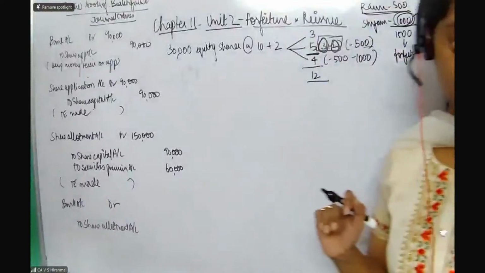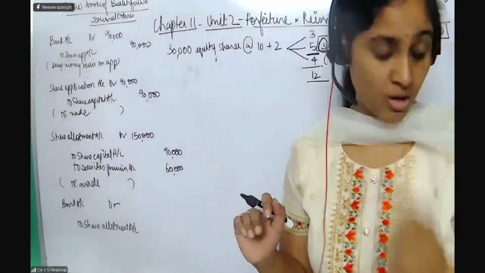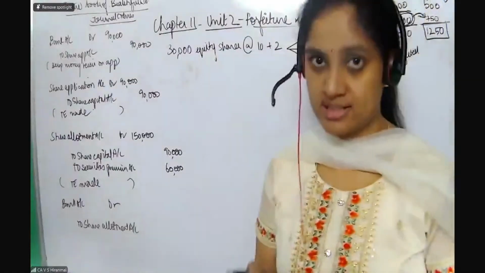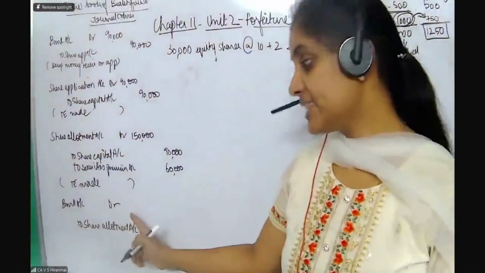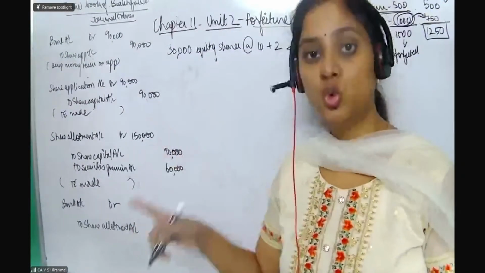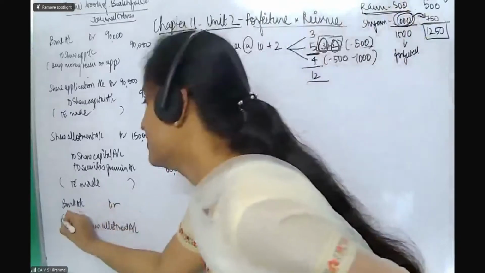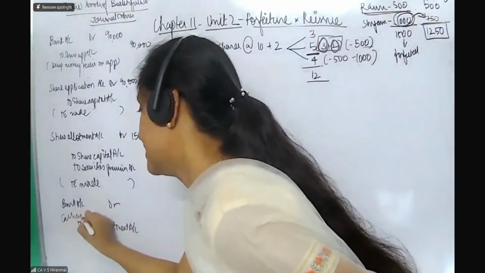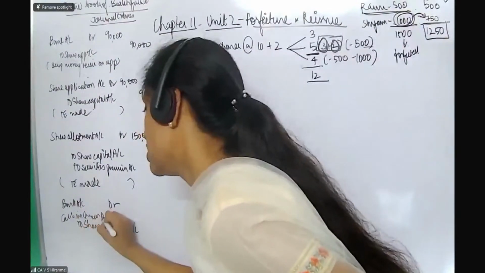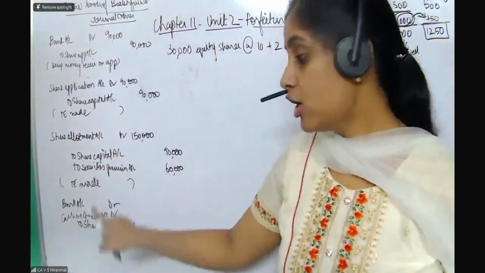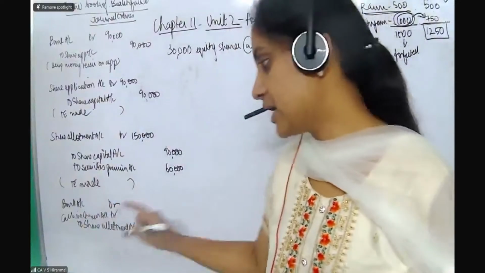So when you have calls in arrears, what should you do? In the respective receipt entry, you are supposed to post the calls in arrears on the debit side. Why? Because it is a loss for you. So the entry will be bank account debit, calls in arrears account debit to share allotment.